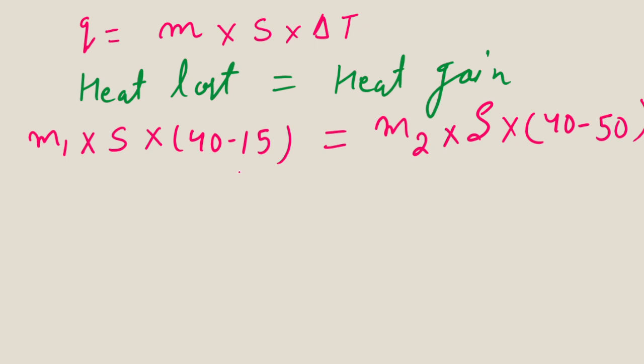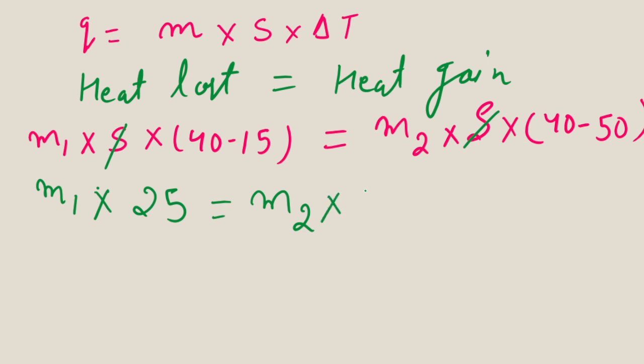So from here what we will get? We will get m1 s, the s will cancel out, multiplied by 40 minus 15, means 25, is equal to m2 into minus 10, right?